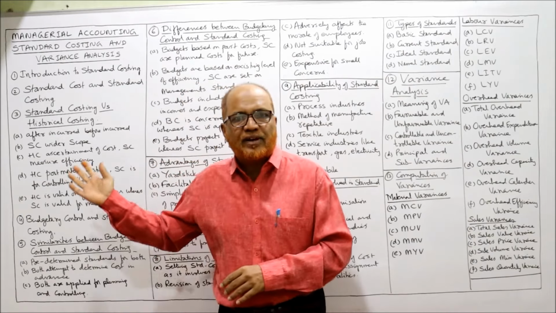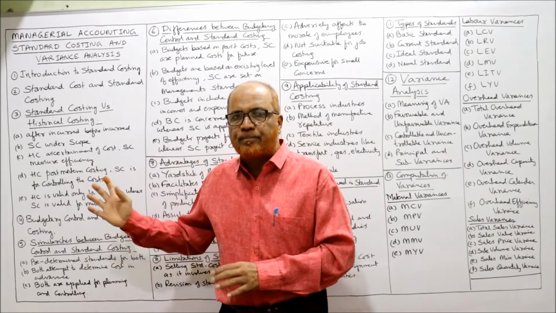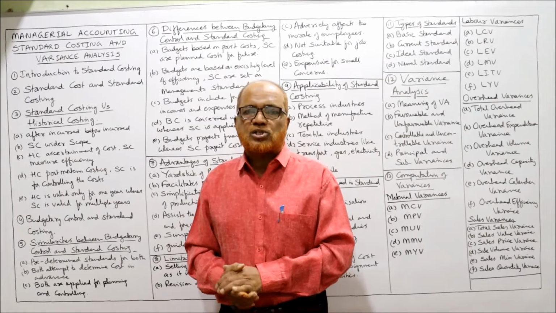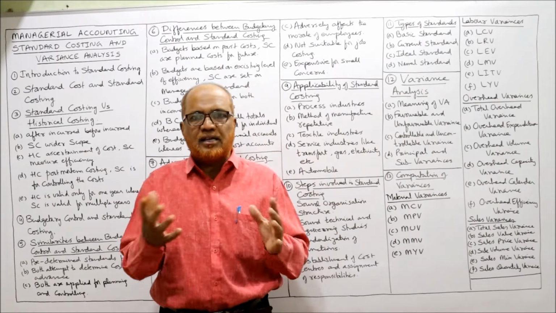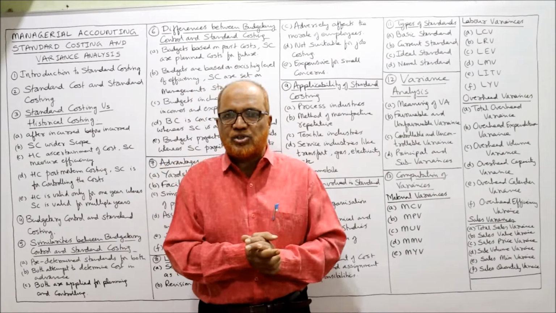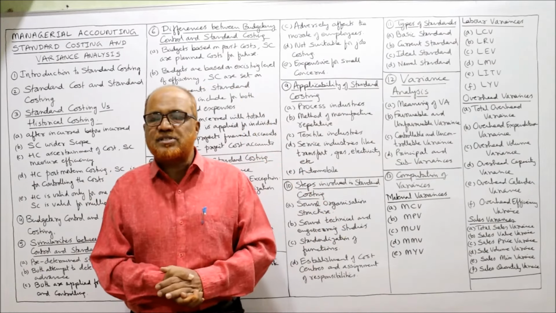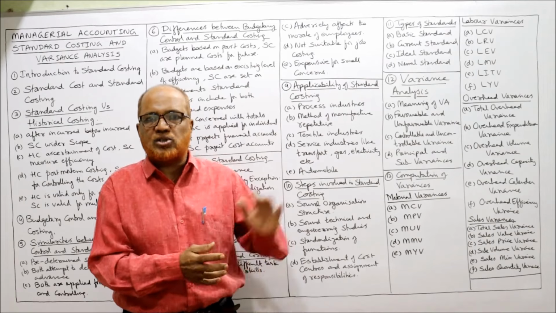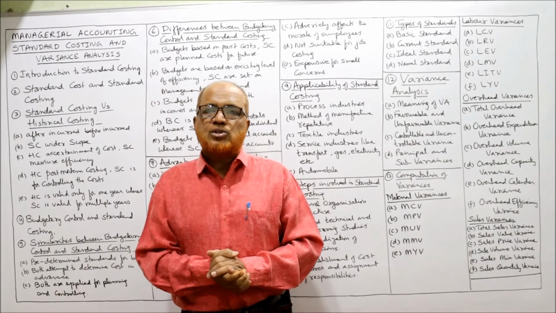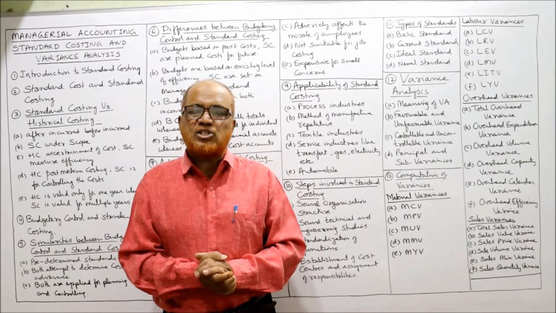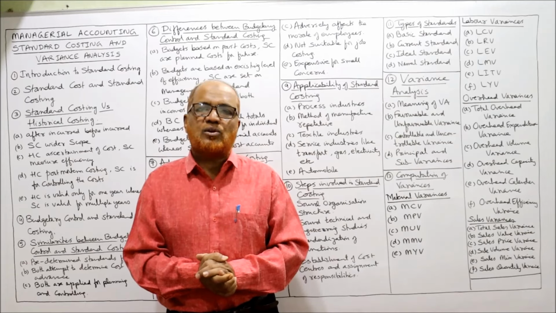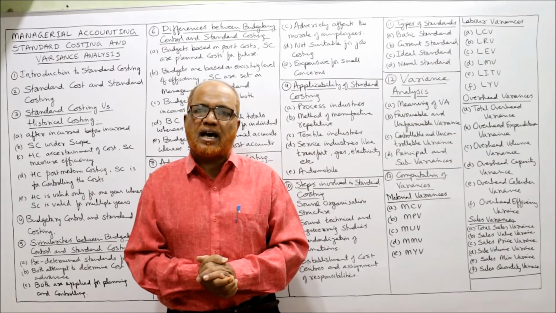Then I have explained the differences between historical cost and this standard cost. Then budgetary control, similarities, differences, advantages, limitations, then applicability of standard costing, and next thing is steps involved in implementing standard cost, types of standard cost. So still we have to continue the next part, that is analysis of variance or variance analysis.